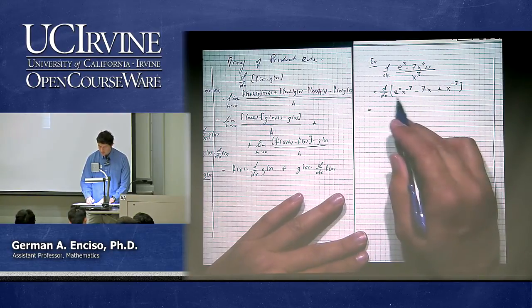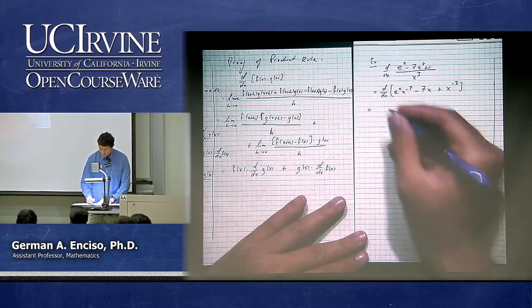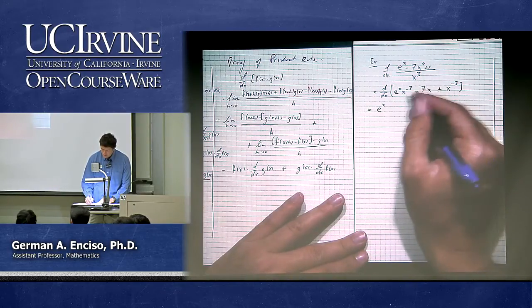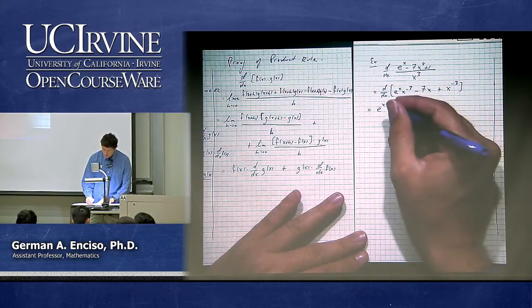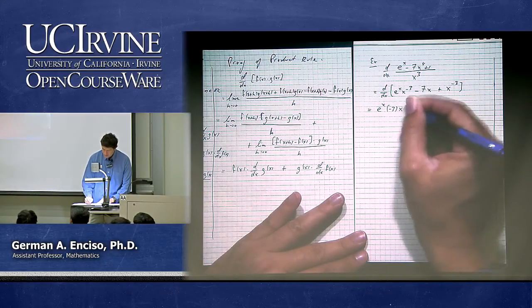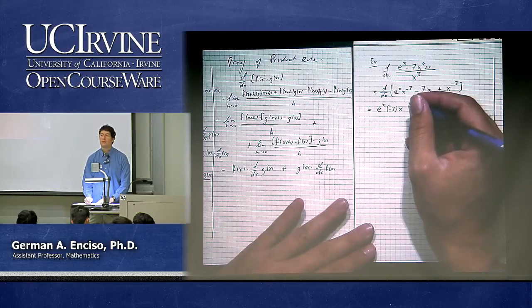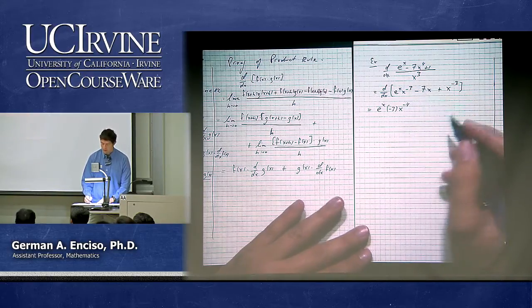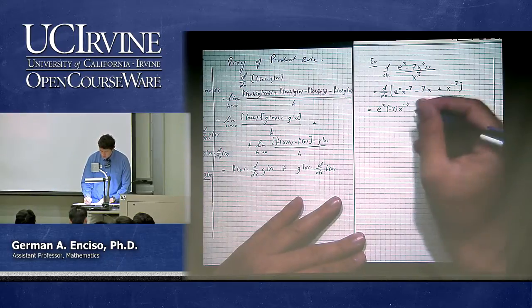The derivative of e to the x times x to the minus 3. Well, that's equal to e to the x times the derivative of x to the minus 3, which is minus 3 x to the minus 2, or what? Minus 4, exactly. Minus 4 because it's minus 3 minus 1. Minus 3 minus 1 is minus 4.